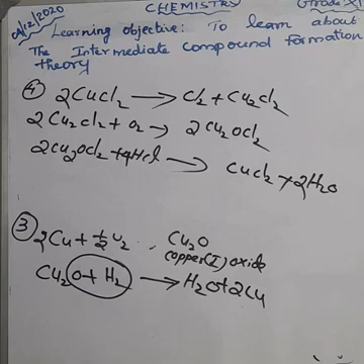It is unable to explain the mechanism of heterogeneous catalyst reactions. Intermediate compound formation theory, I already told you, is for homogeneous catalyst reactions. Limitation means it is unable to explain the mechanism of heterogeneous catalyst reactions. That is the first limitation, and also one more limitation: it fails to explain the action of catalytic poison and also the activator.